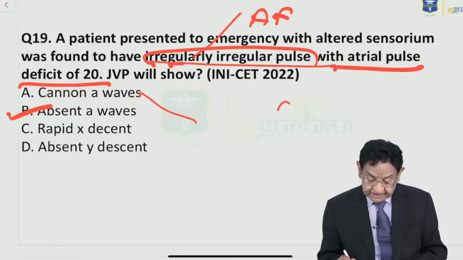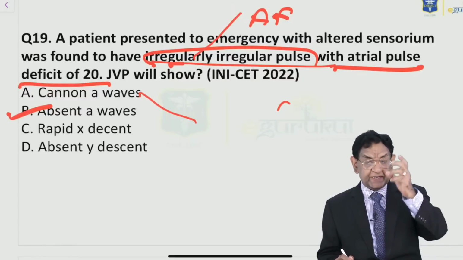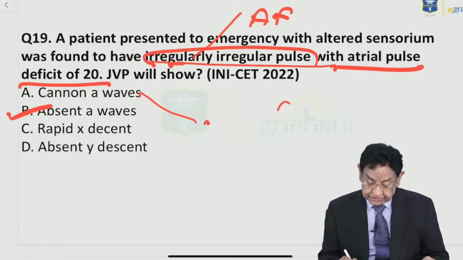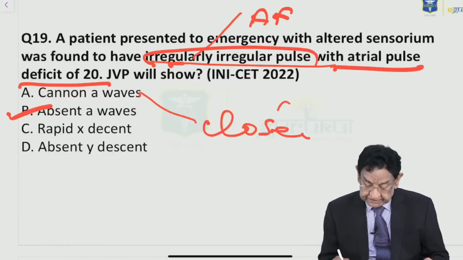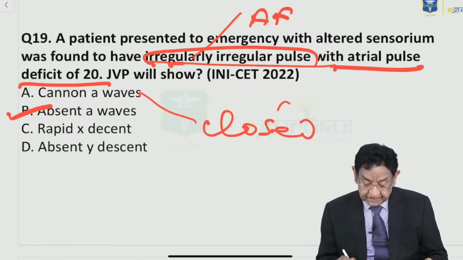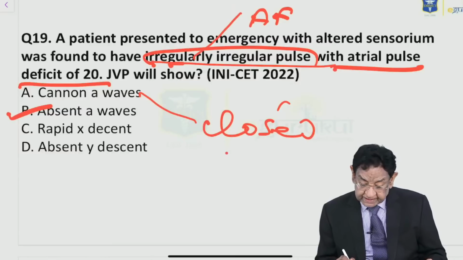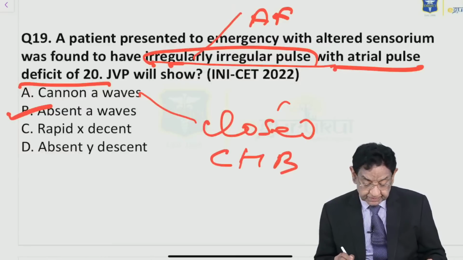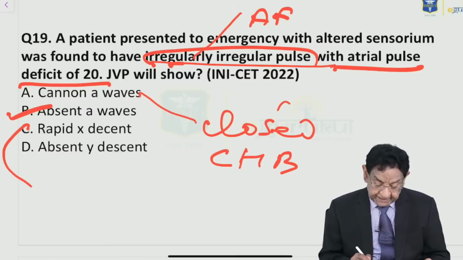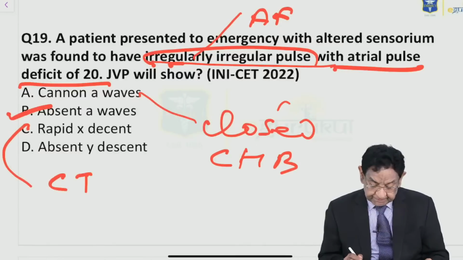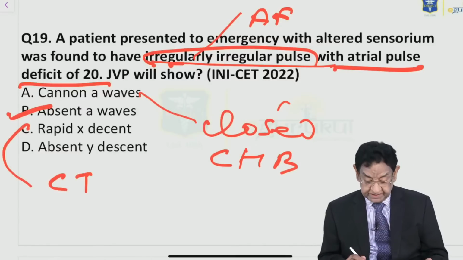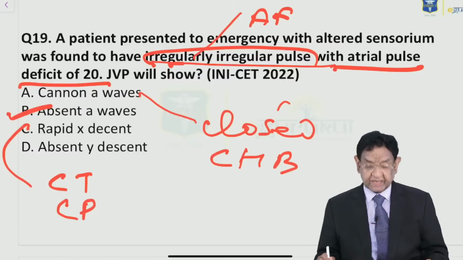Cannon waves are seen where the right atrium contracts against the closed tricuspid valve, like in complete heart block. Rapid X descent, this we see in cardiac tamponade and constrictive pericarditis.